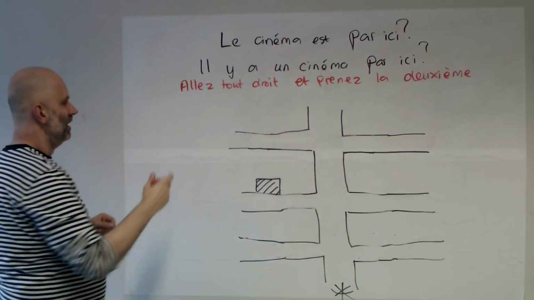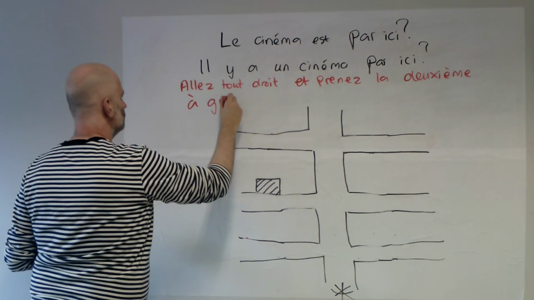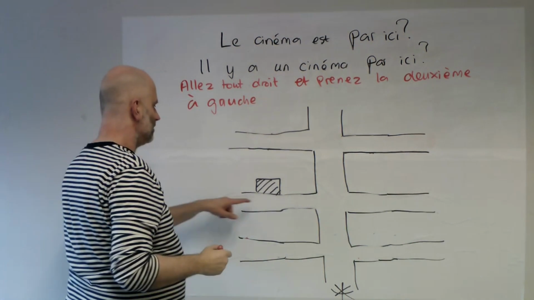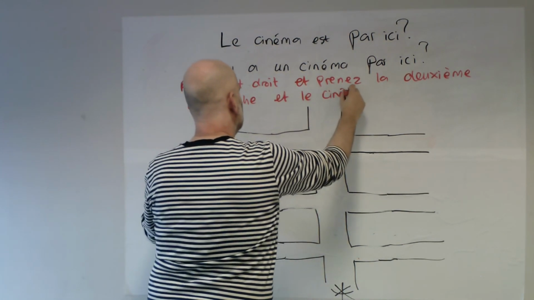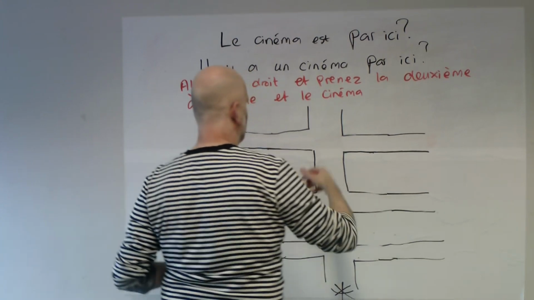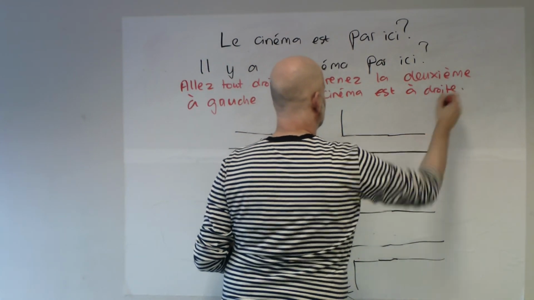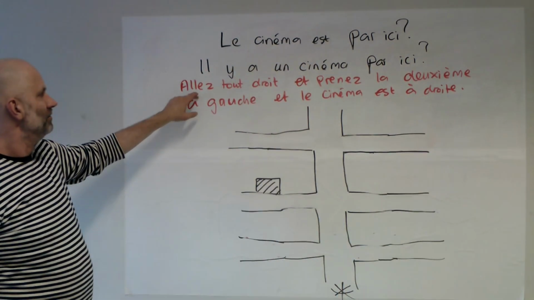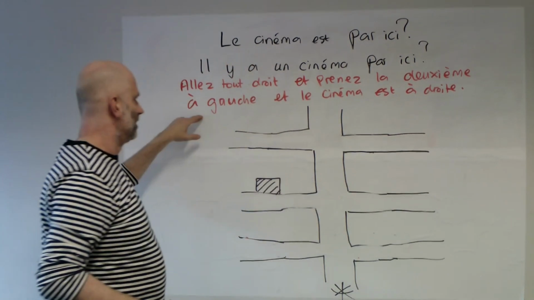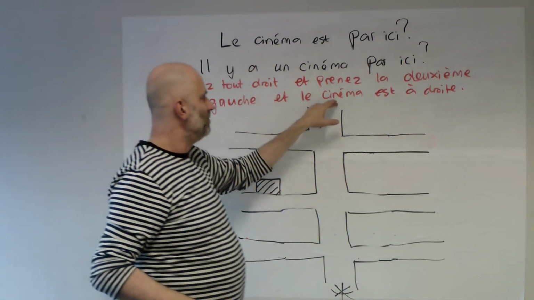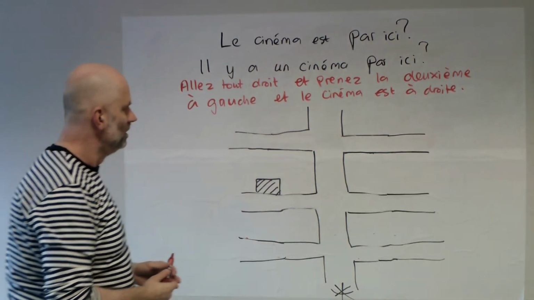La deuxième à gauche. And then the cinéma est à droite. Okay, so allez tout droit, go straight on, et prenez la deuxième à gauche, the second left. And the cinéma est à droite. The cinema is on the right.